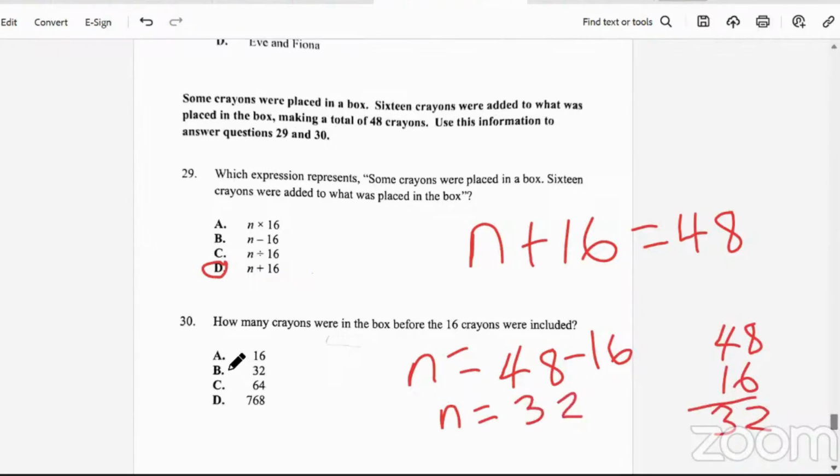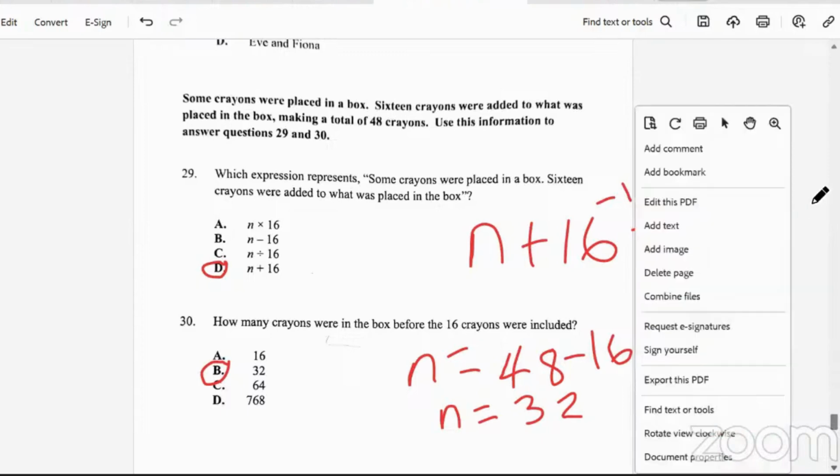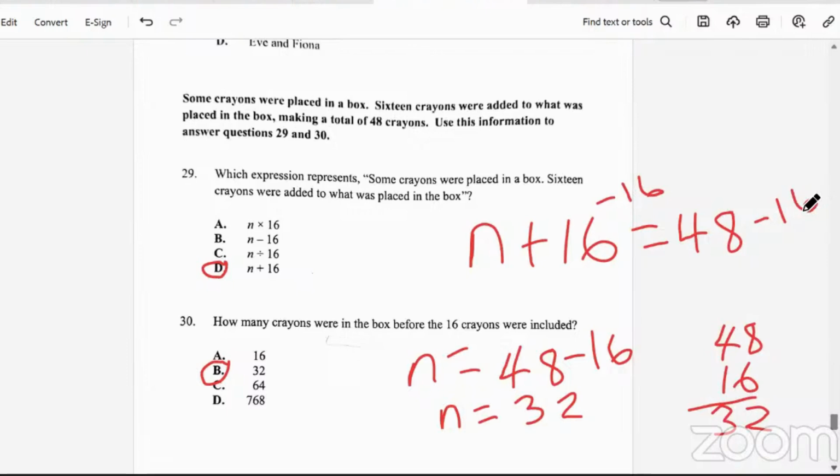The answer is B. We could also have subtracted 16 from both sides, and that would have gotten rid of this one, and then this would have been 32. That's another way to look at it.